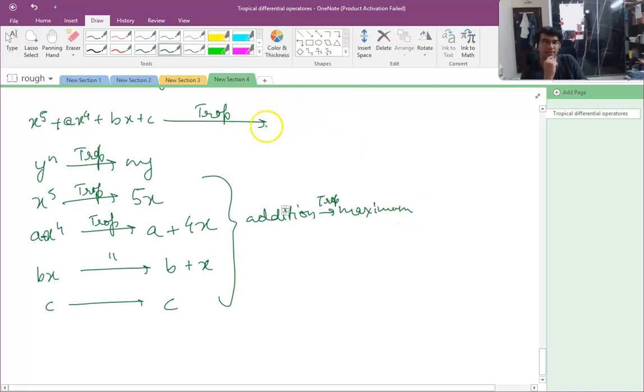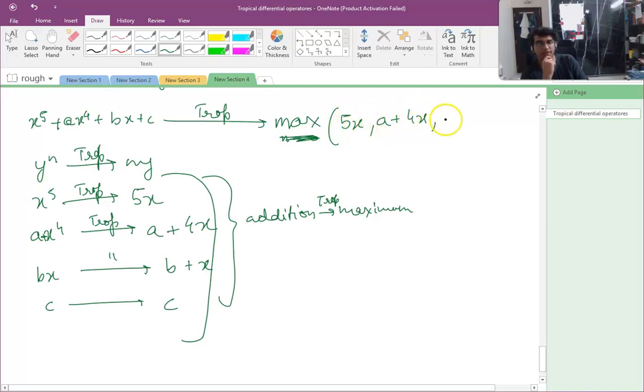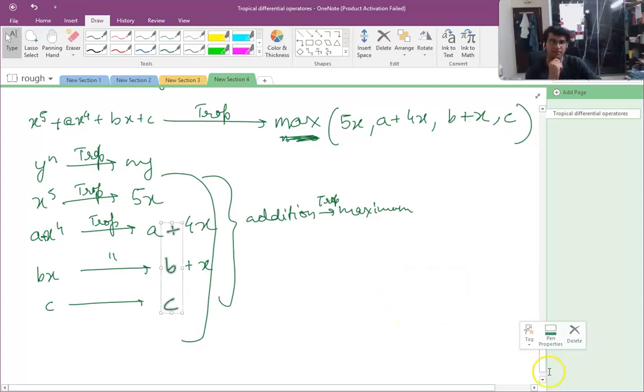So I'm going to take one big max over here, and I'm going to take all of these terms on the right hand side. So 5x, comma a plus 4x, comma b plus x, comma c. So easy, right? I hope this big example at the end helped you build up to it.